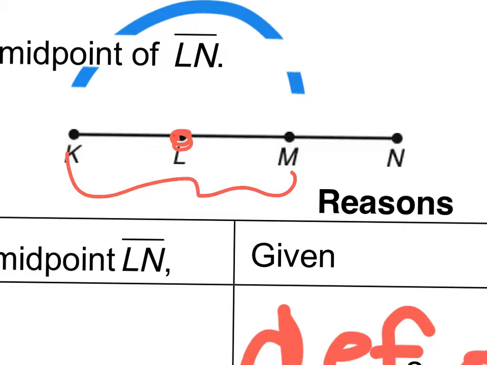What is a midpoint? In the middle. So what does it do to that whole segment? Makes it into two equal parts, which tells you that this one is equal to this one. So if I say that KL equals LM, the reason I know that is the definition of a midpoint. Without the word midpoint there, you don't know that.